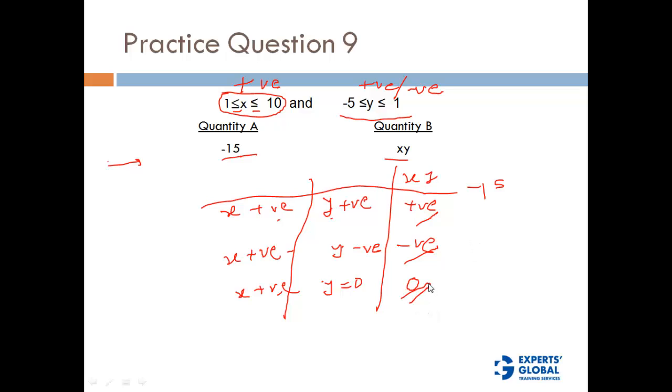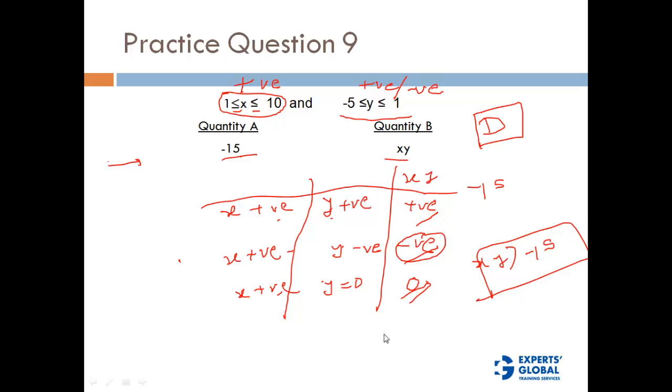If y is equal to 0, then xy is equal to 0, which is greater than minus 15. But because of this particular case, we are not 100% sure whether in all these cases we'll have xy greater than minus 15 or not. So because of that, and because we don't have any other information, we conclude that we are not able to answer this question from the given information, and the answer is D.